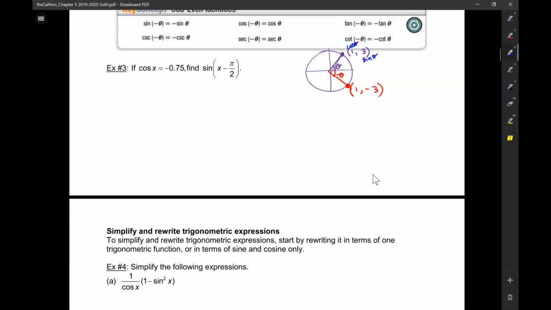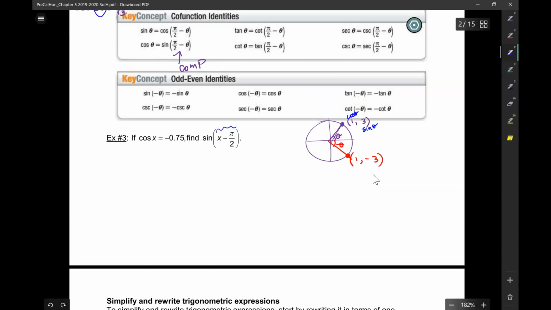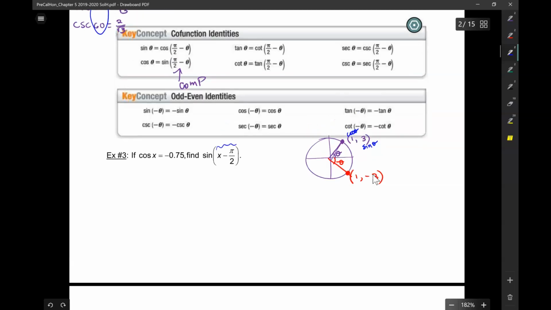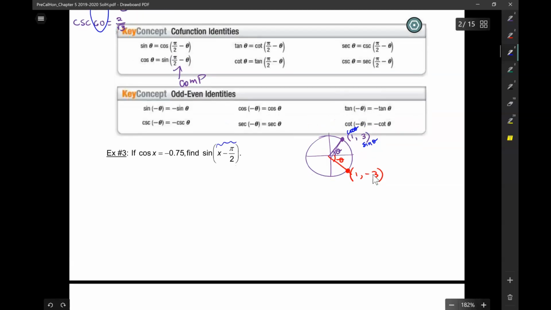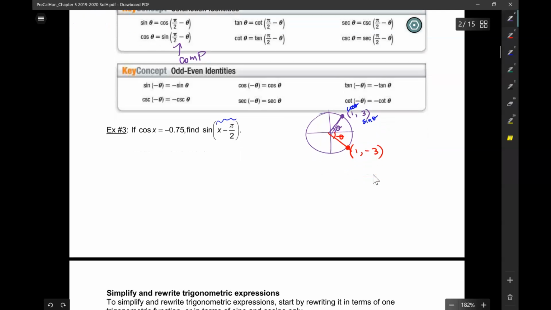Okay, so let's do this. Cosine of x is negative 0.75. What I want is sine of x minus pi over 2. So what does this remind you of? That reminds me of cofunction identities, pi over 2 minus or plus. So now, here is what I say.